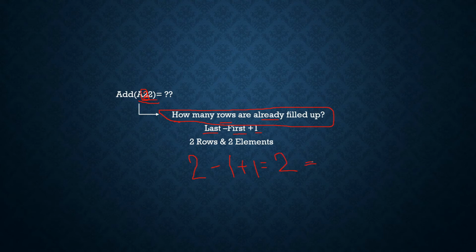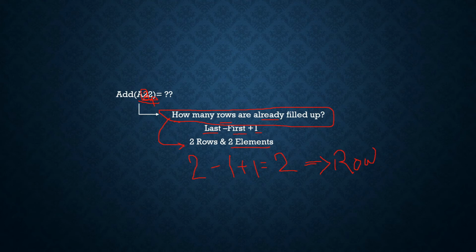That is the value of rows. Two rows are filled up, and this 2 represents two elements. That's why the answer to this question is two rows and two elements are filled up.